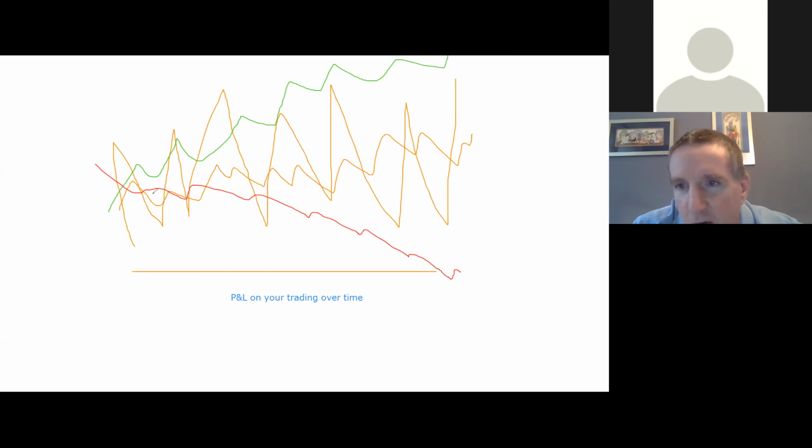Instead of getting bogged down in holding Research in Motion, they would have quickly moved on to something more attractive, and so they would have done significantly better. You can almost think of the green profile as somebody switching to, say, Apple or Amazon. The red line is somebody holding on to Research in Motion, just as an example.